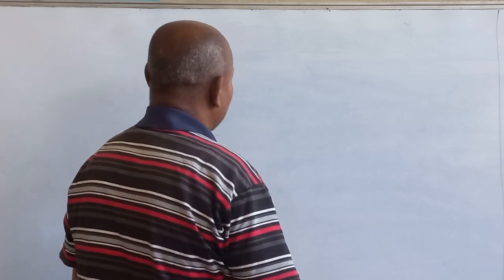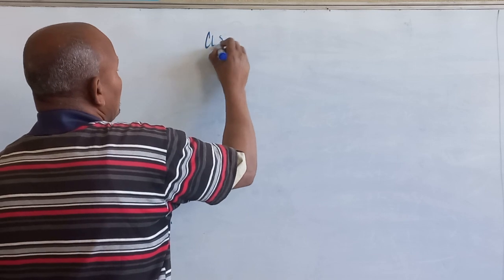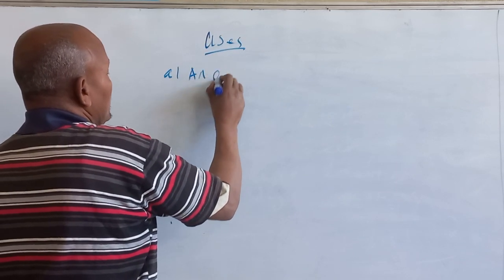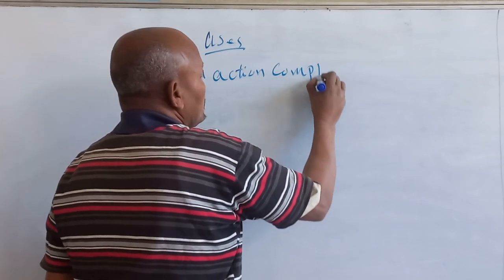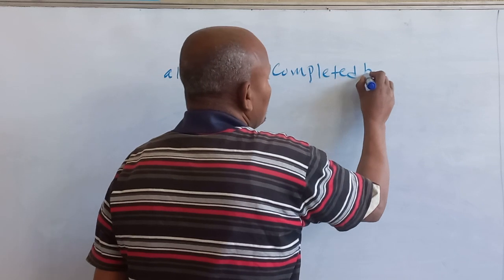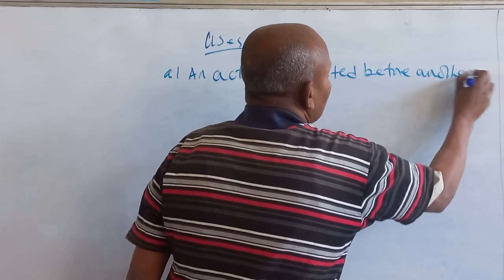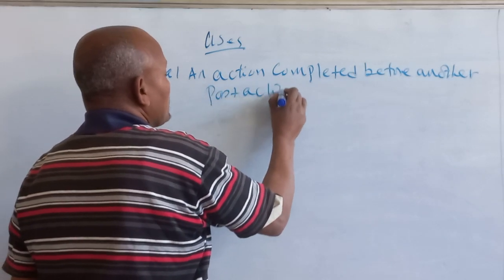Uses of the past perfect tense. When do we use it? Yes, the first one is an action completed before another past action began.